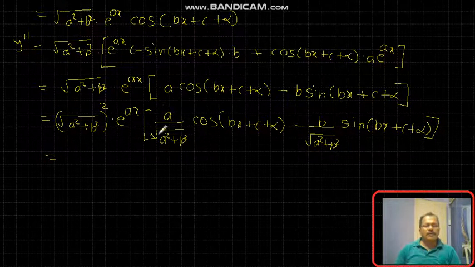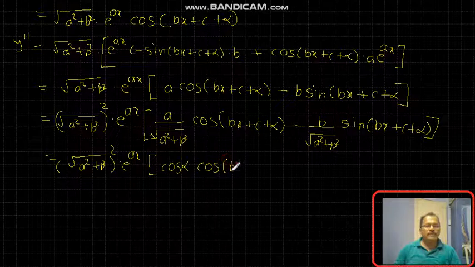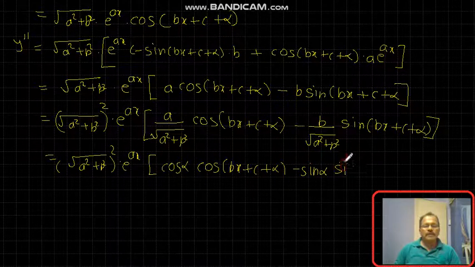This a upon under root a square plus b square is cos alpha and this is sin alpha. So I get cos alpha cos theta minus sin alpha sin theta. It is square root of a square plus b square, bracket square, into e raised to ax into cos alpha cos(bx plus c plus alpha) minus sin alpha into sin(bx plus c plus alpha).